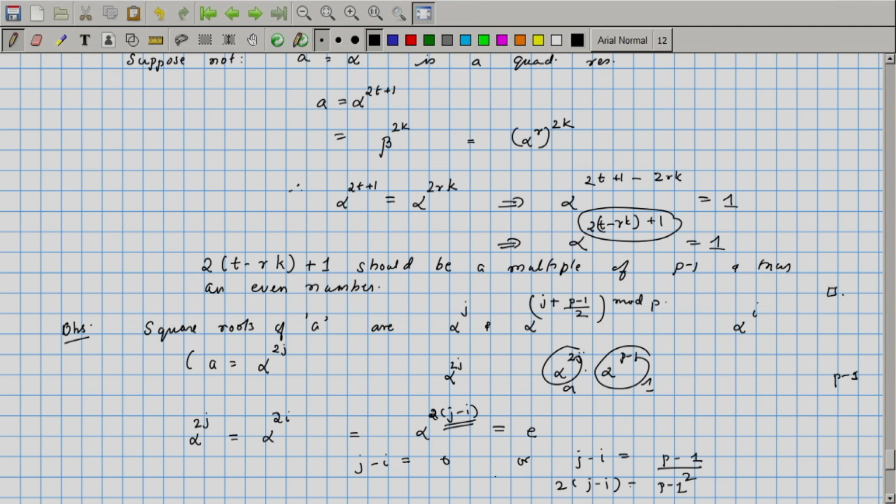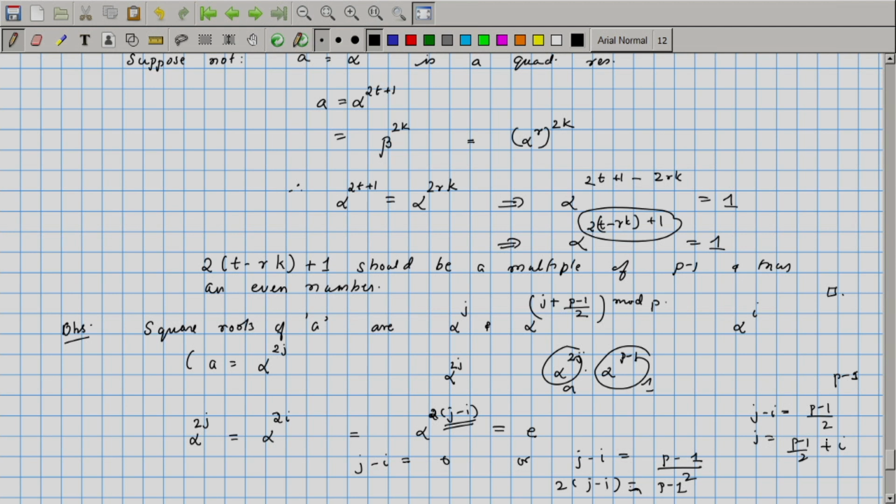Therefore, we can conclude that 2 times (j minus i) must be equal to p minus 1, and this would tell us that i is going to be equal to j. Whether j plus p minus 1 or j minus p minus 1 does not really matter mod p. So this will tell us that j minus i is equal to (p minus 1) by 2, or j is equal to (p minus 1) by 2 plus i. So, there are only 2 possibilities essentially.